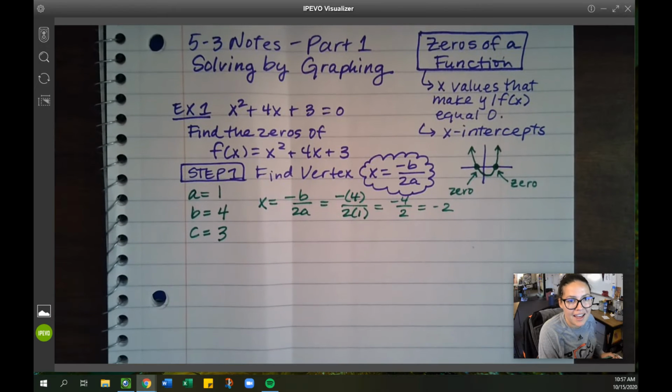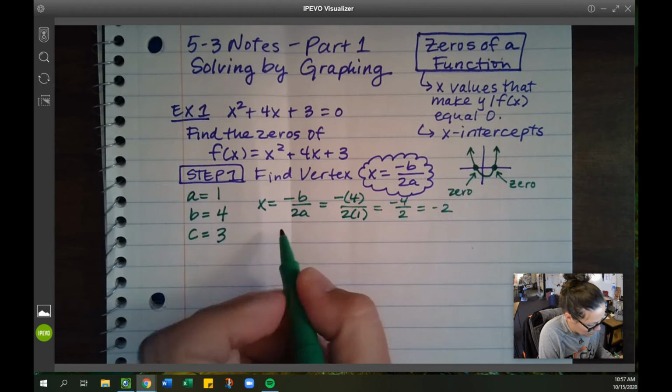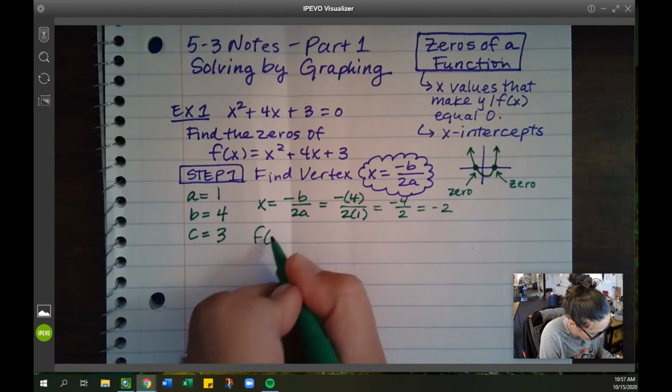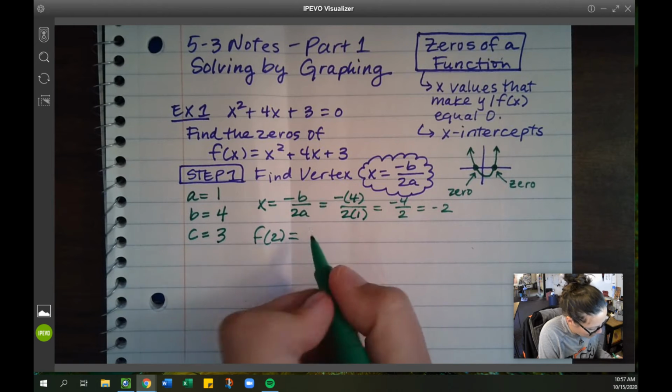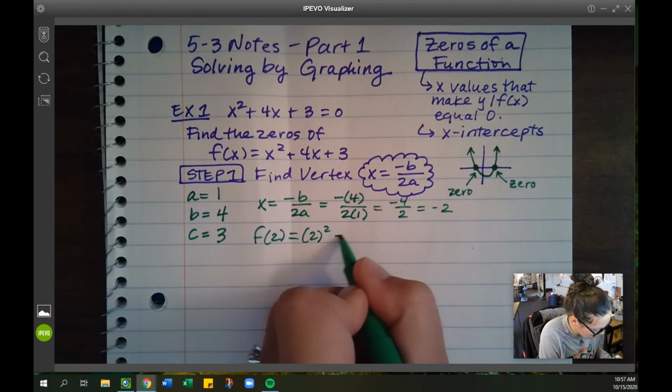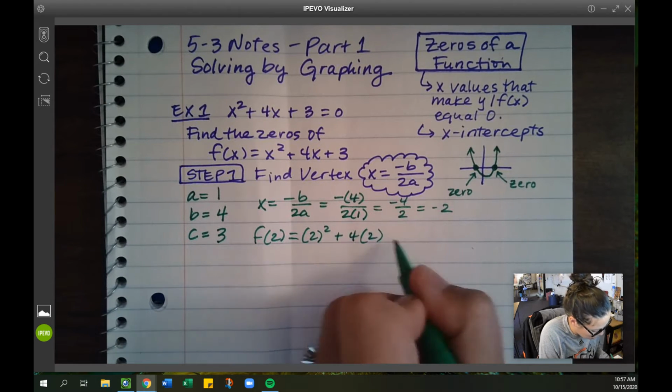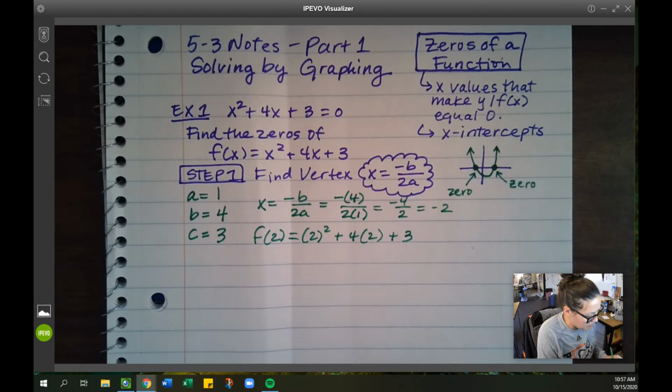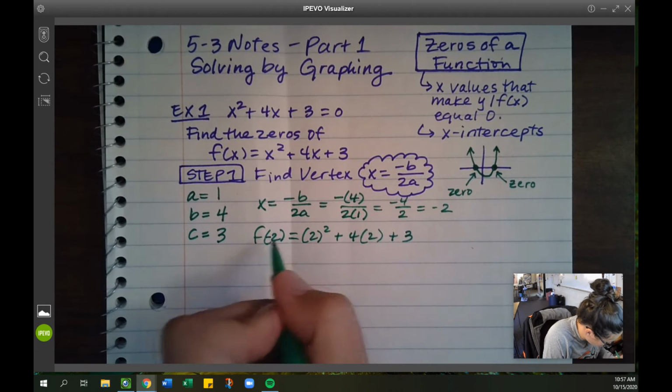So that's only the x value of my vertex. I need to know the y value, which means I'm going to plug in negative 2 for x. So everywhere I see an x, I'm going to change it to negative 2. I want f of negative 2.